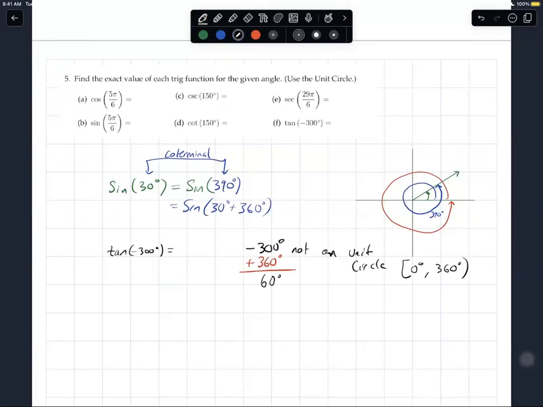So using the property that we said before, the tangent of negative 300 is what we're looking for, we can actually just find the tangent of 60 degrees, because these are coterminal angles. And 60 is on the unit circle.